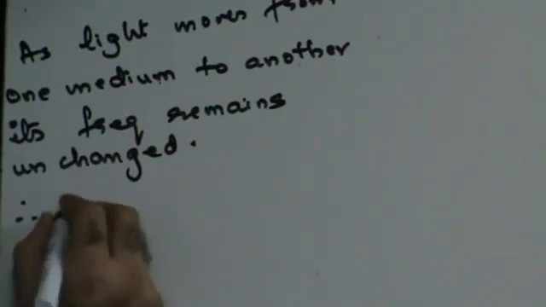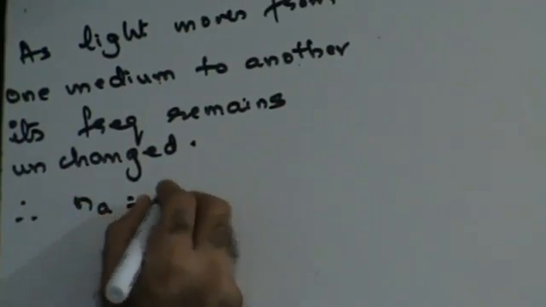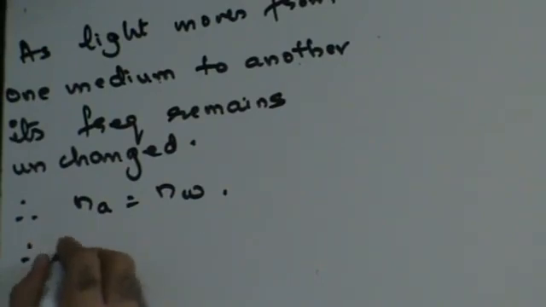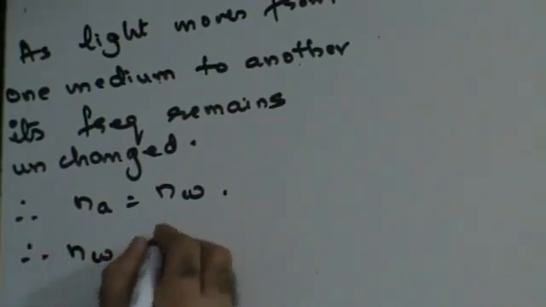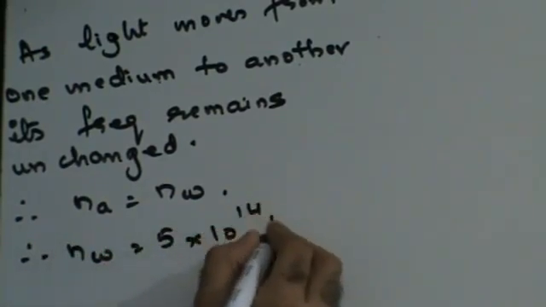That means frequency in air should be equal to frequency in water, right? Now, I can say that I'll therefore get frequency of light in water is going to be 5 into 10 raised to 14 hertz. So first part of the question solved, find the frequency of light in water. Now I need to find the wavelength of light in water.